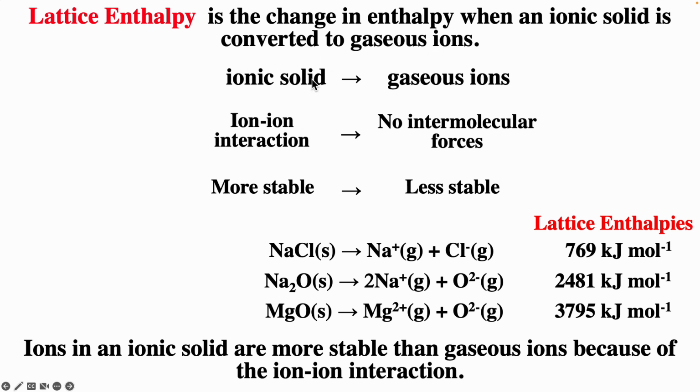And so for an ionic solid, you have the ion-ion interactions. Gaseous ions, again, we assume intermolecular forces are negligible. And so the stronger the attraction, the lower the energy, the more stable. So you're going from something more stable to something less stable, and so you'd have to add heat. And so that's why lattice enthalpies are positive. If heat is added, that's a positive enthalpy.